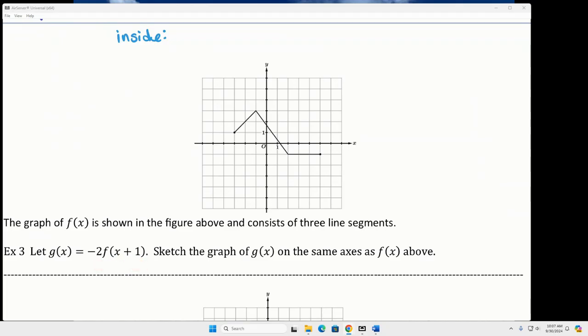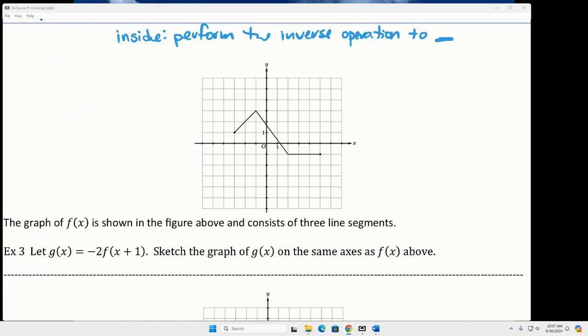So remember that the inside lies. So if it's happening on the inside, you're going to perform the inverse operation to either the x-coordinate or the y-coordinate.